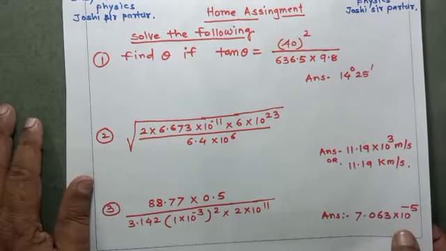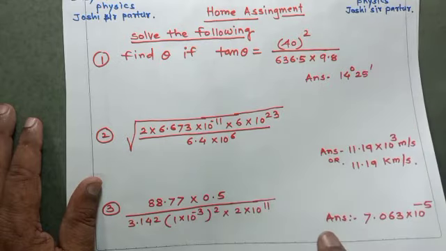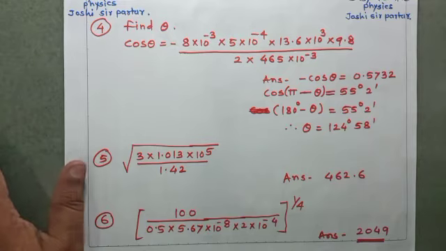Third, 88.77 into 0.5 upon 3.142 in bracket 1 into 10 raised to minus 3 square into 2 into 10 raised to 11. These three.